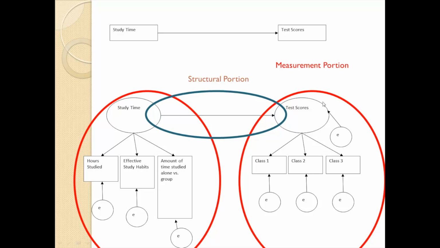And over here we have the measurement portion indicating test scores. The regression between those is what we refer to as a structural portion of the model. And so when you see that in the literature, a lot of times people will say, well, I ran a measurement model and then I ran a structural model. And this is what we're referring to. And I'll talk about this a little bit more here in a few minutes.